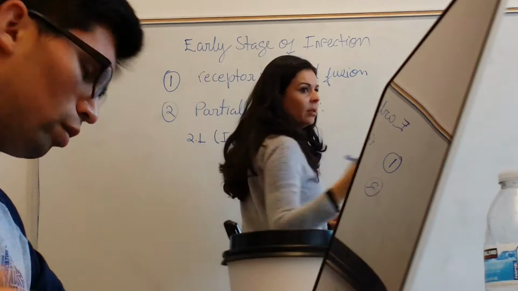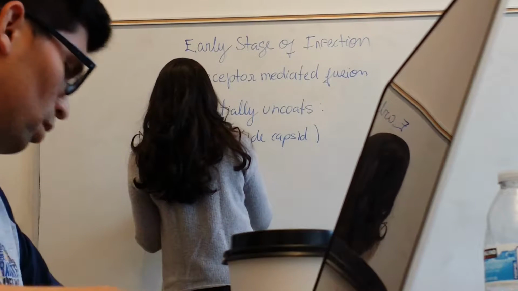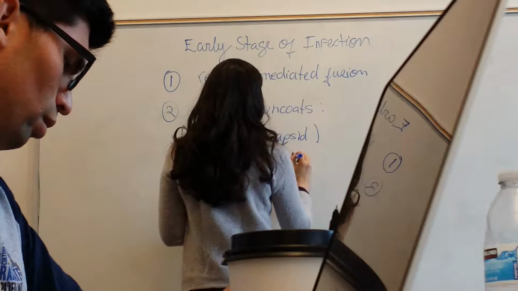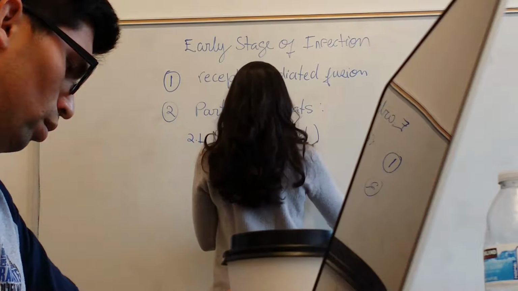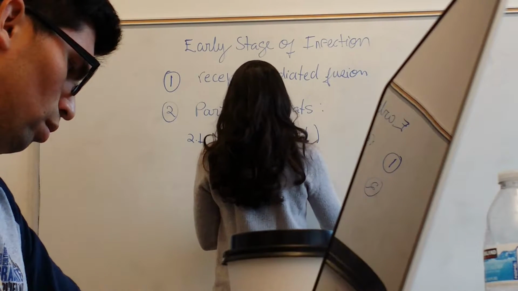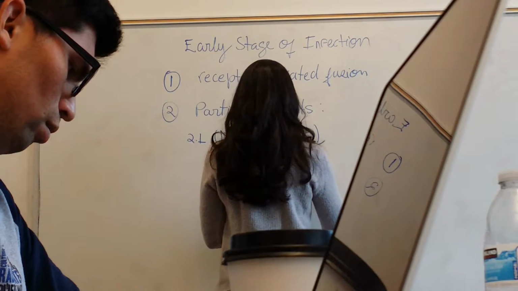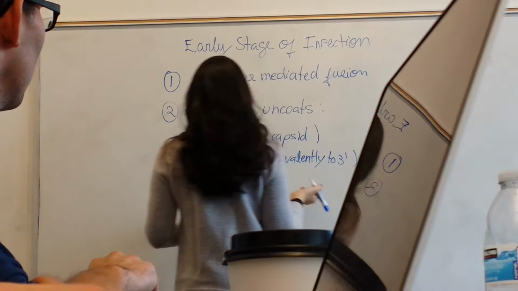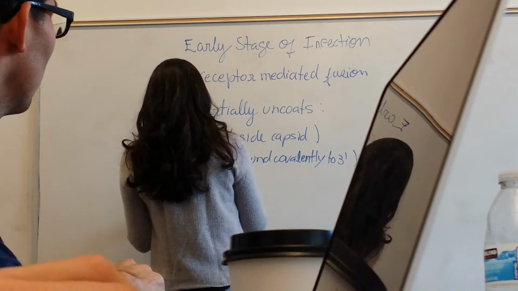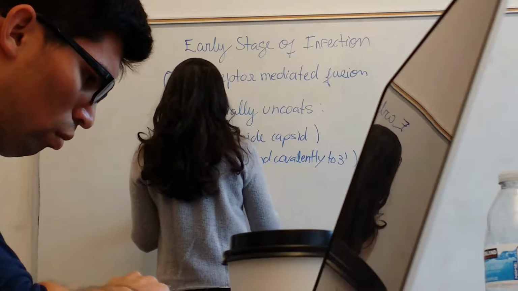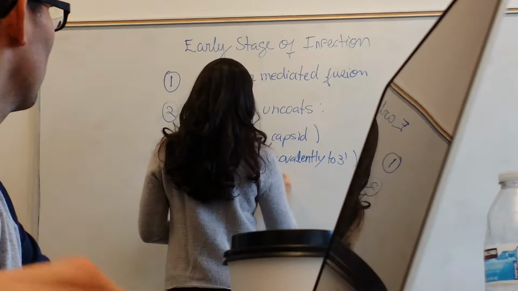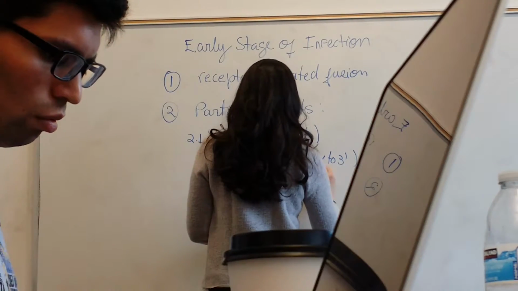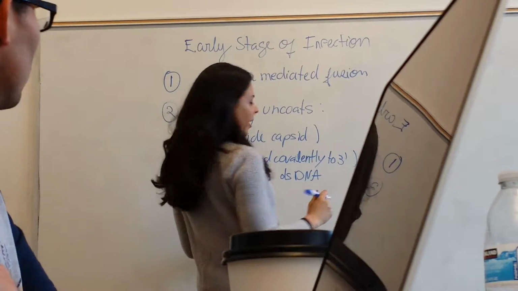what happens? You have reverse transcriptase, which is bound covalently to the 3' end and the complete double-stranded DNA, right?